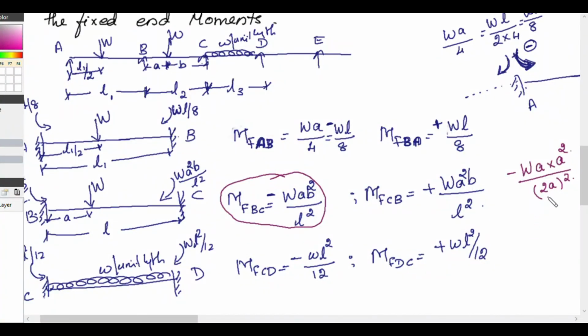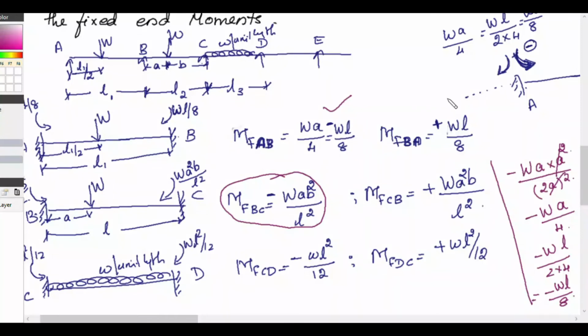In other words, W, this A square gets cancelled. You get A by 4. Now, A is L by 2. So it is W L by 2 into 4. We get minus W L by 8. This is what you have written here. It is minus W L by 8.